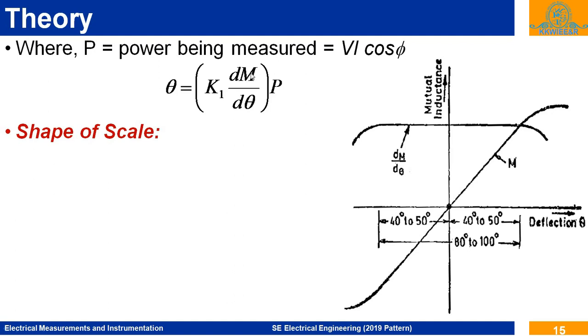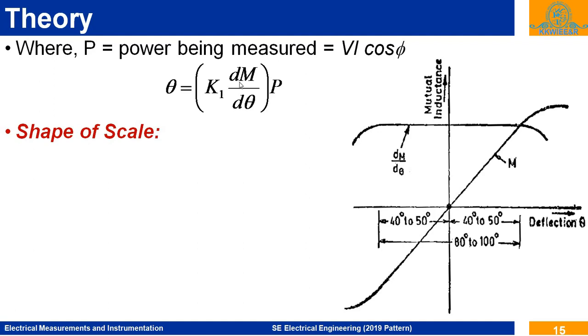So dM by d theta: M is the mutual inductance and theta is the deflection. This depends on the interaction of the magnetic field between the fixed coil and the moving coil. The mutual inductance and deflection depend on the current flowing through both the fixed coil and the moving coil.